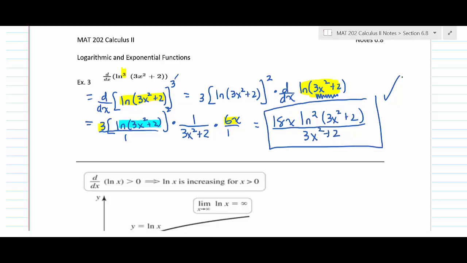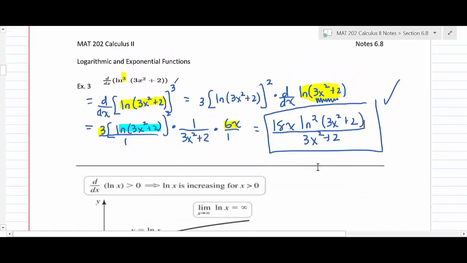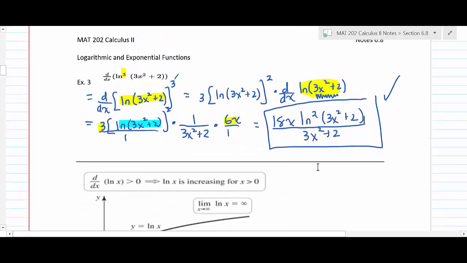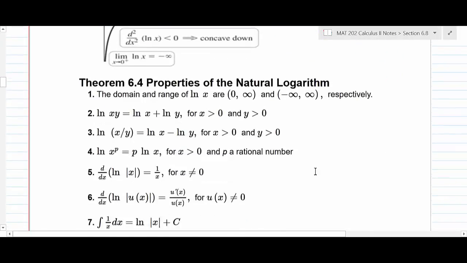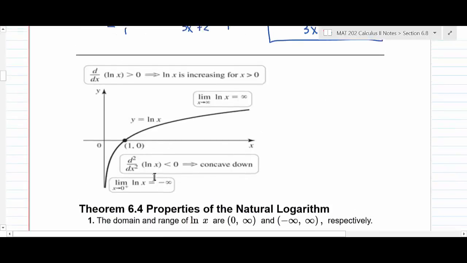Okay. The next thing I want to look at, and I'm not going to go through this too much, I'm just going to explain something. If somebody was studying mathematics as a major, you get into a lot of derivations and proofs. These are properties that you would have learned in pre-calc or college algebra, most of these, and then of course the derivative and integral rules you learned in Calc 1.